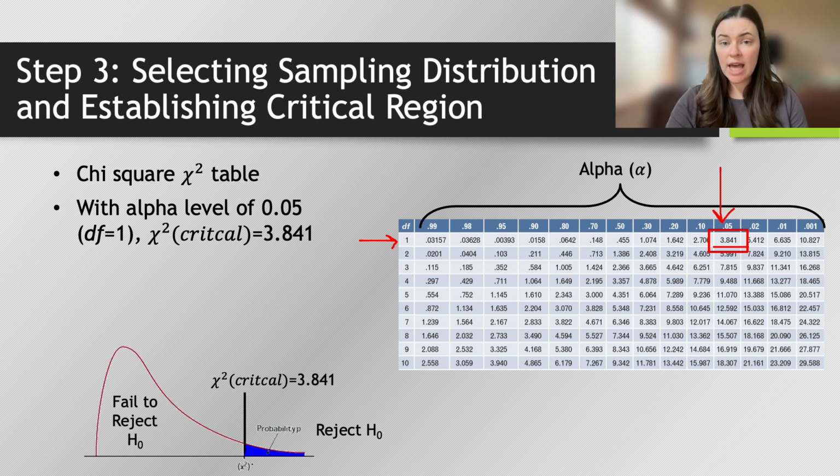We can then use that number as our barrier point of our fail to reject zone and our rejection zone. So if we get a chi-square obtained value of greater than 3.841, we will reject the null hypothesis. And if we get a value less than 3.841, we will fail to reject the null hypothesis.